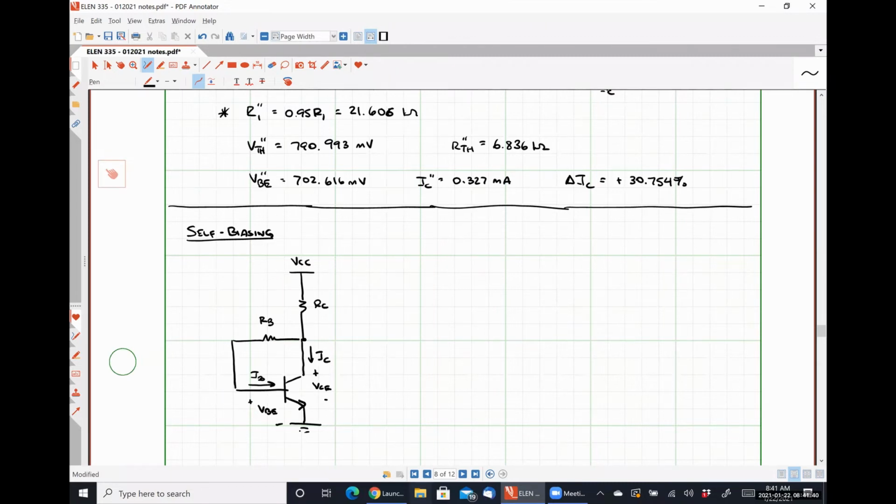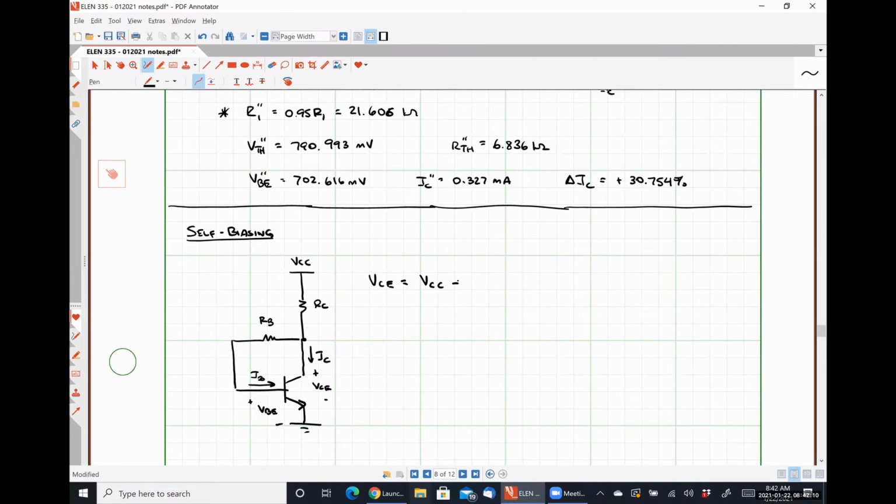So we can see that VCE is going to be equal to VCC minus the current flowing through that resistor RC, which is just IB plus IC.